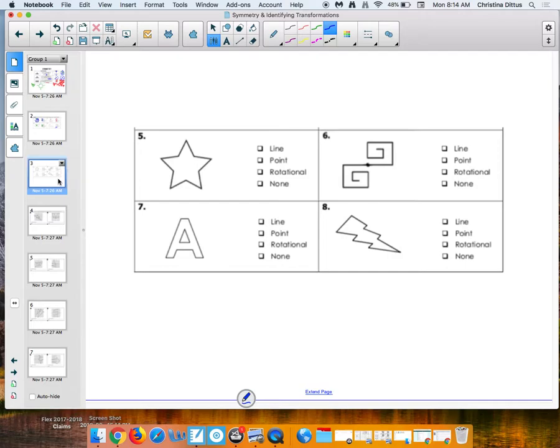How about our star? Can I draw a line and have it mirror on itself? Yes, it's a star. Can I flip it upside down and have it look like itself? No. If I flip it upside down, I'm going to have a 2 and then a 1 down here, right?